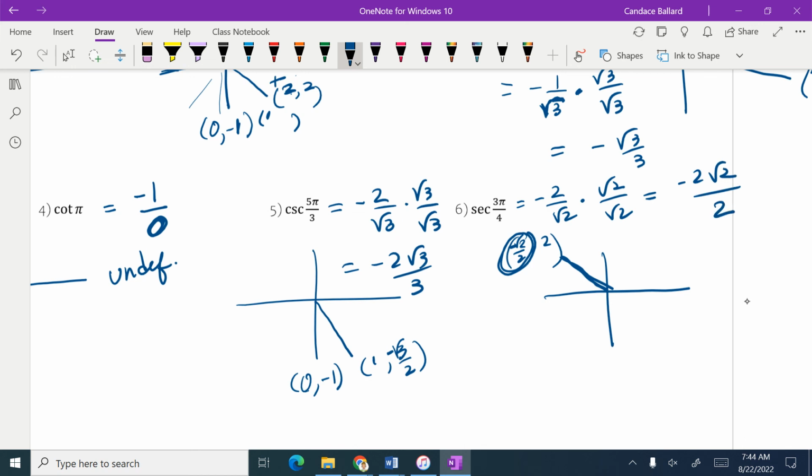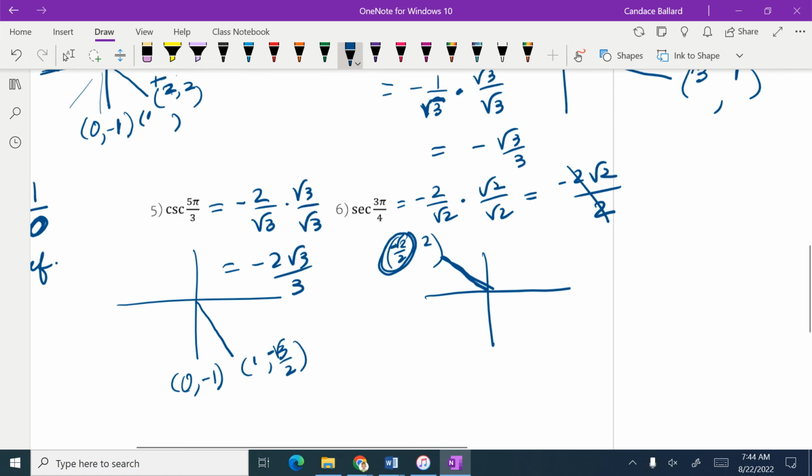What happens with these? Cancel. So we've got negative square root of 2. And that's it. Okay. That one, you're going to start seeing this and you're going to hopefully memorize that, okay? Just because that's the way it is.